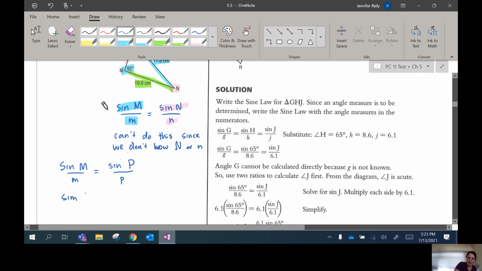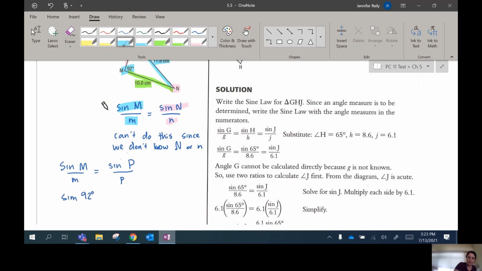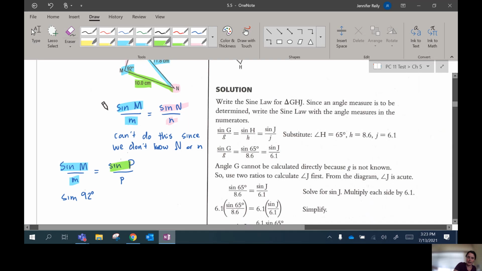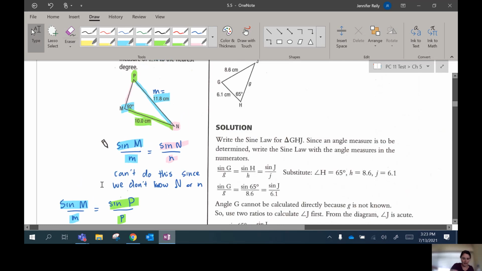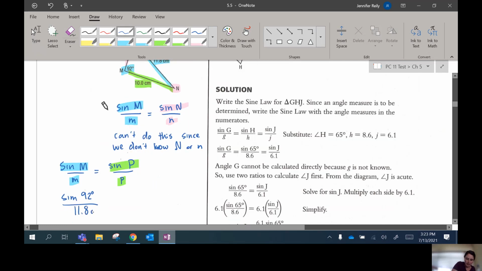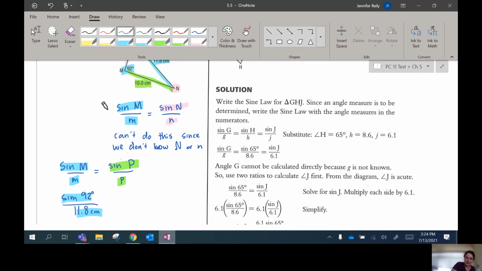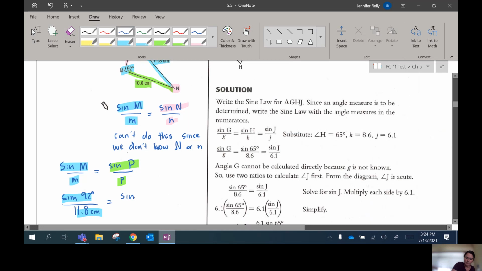So m is 92. This is the blue and the green here we're looking at. And length m is 11.8 centimeters. It's the blue one. Sine p, we don't know angle p, so we'll just leave that blank.